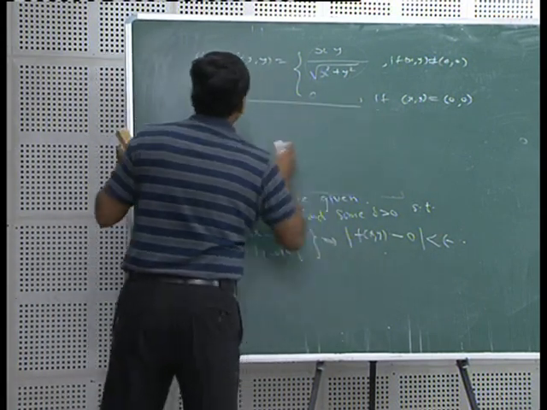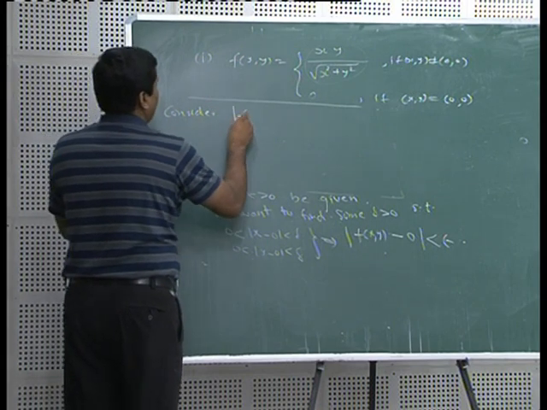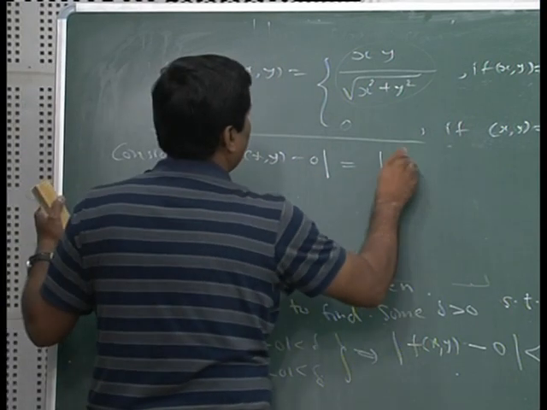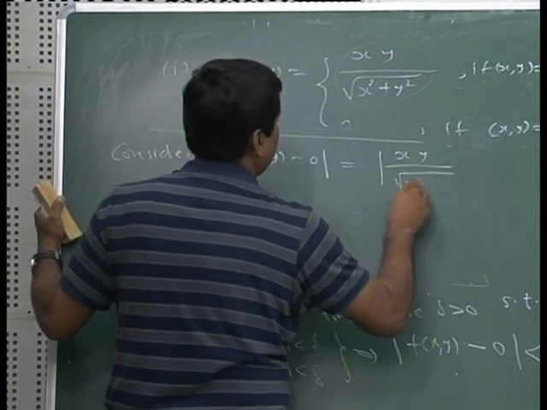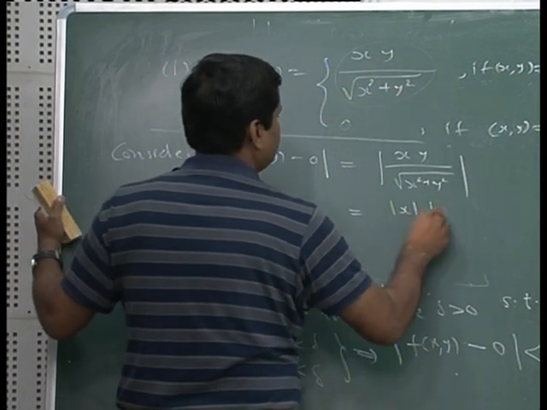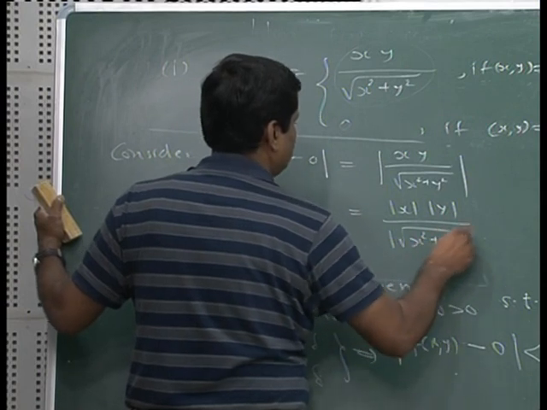Okay. So, consider mod of f(x, y) minus 0, which is equal to mod of xy upon the square root of x square plus y square, which I can write as mod x mod y upon mod of the square root of x square plus y square.